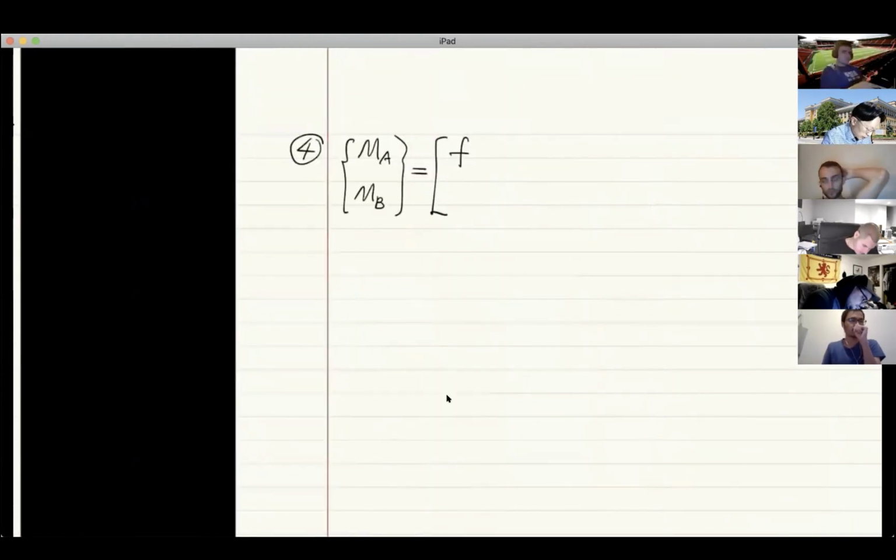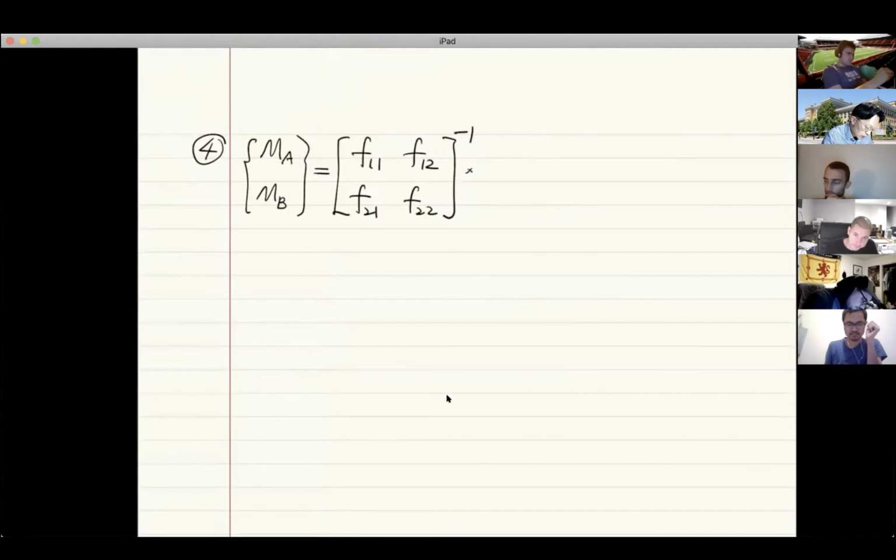And then we come back here. To find the values of MA and MB, we just have to calculate the inverse of this times theta A and theta B. We just have to do this.